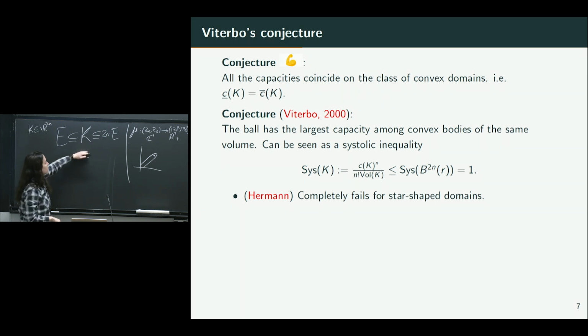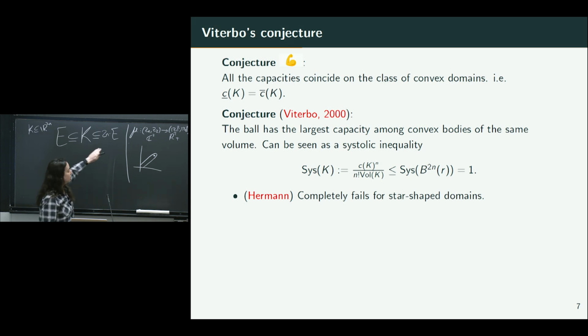This is a classical John ellipsoid tool. And because all capacities coincide for ellipsoids, we get that all capacities of K could not be too far away from each other, up to 4n squared.